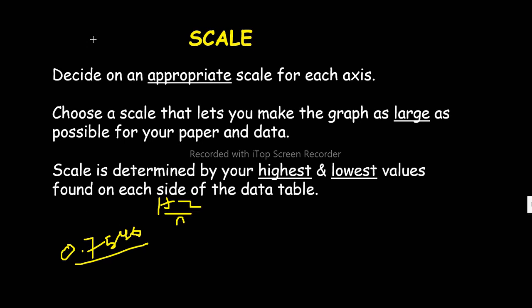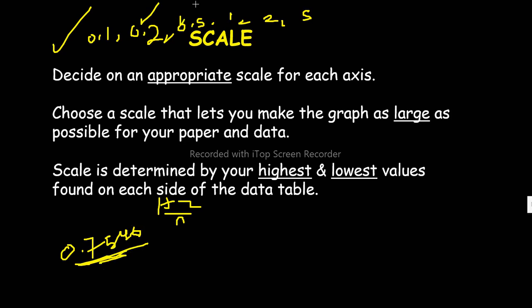Now, you either use 0.1, 0.2, and 0.5, okay? And next to this, it's 1, it's 2, and it's 5. Now, you cannot use 0.1 because it is far, far smaller than this. Neither can you use 0.2 because it is far, far, far smaller than this.